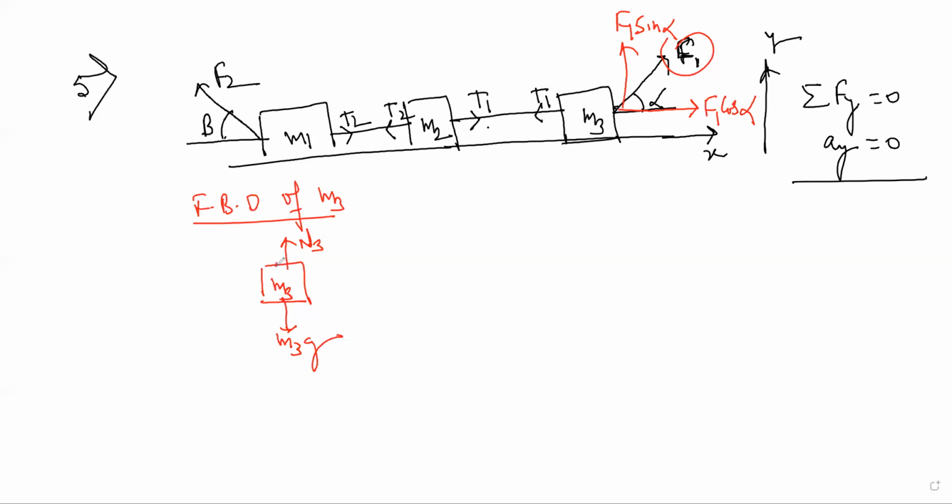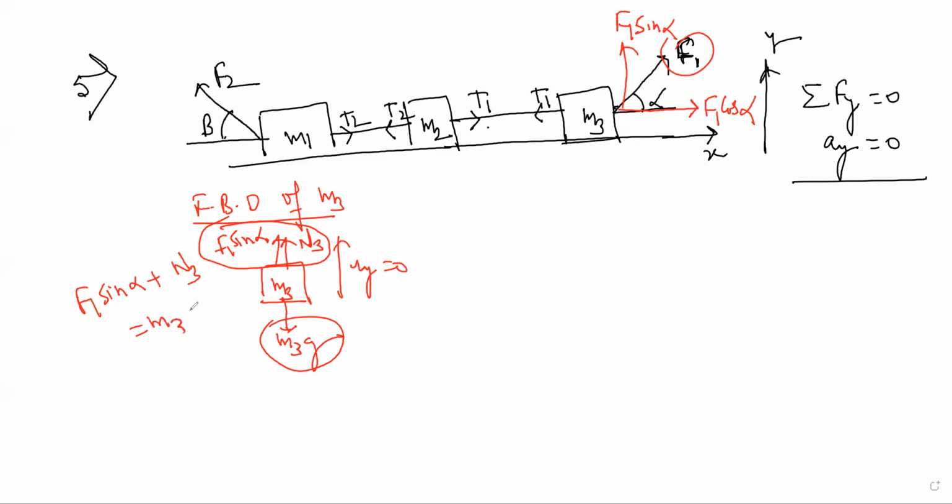So this is normal reaction N3, and one more F1 sin alpha. Since acceleration along the y-axis is 0, the sum of these two forces, F1 sin alpha plus N3, is equal to M3 times g.